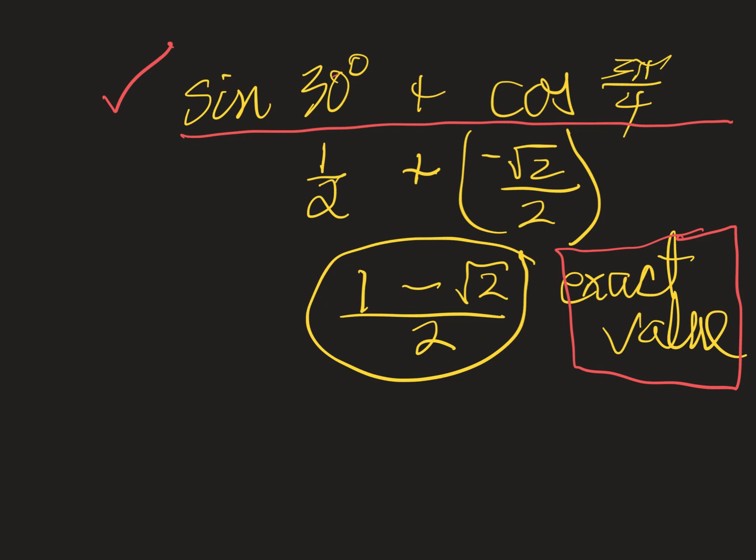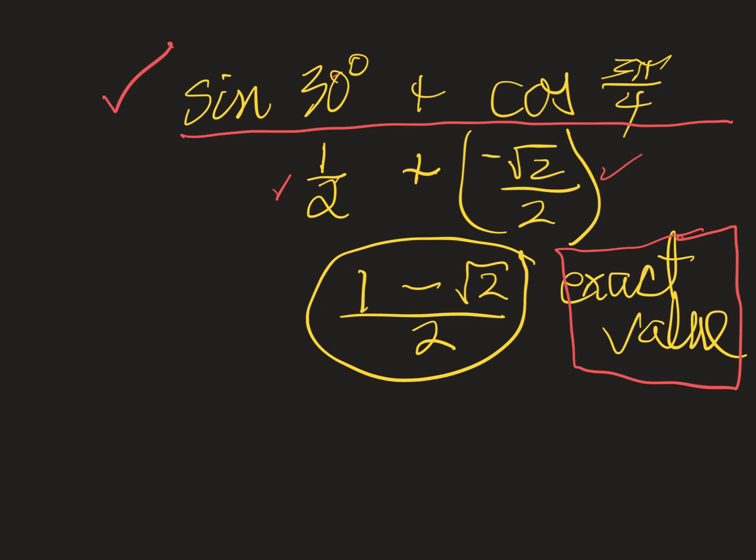Since these are special angles, 30 degrees, 3 pi over 4, the sine of 30 degrees, I can use my unit circle, or I can know it because I've memorized it, is 1/2. And the cosine of 3 pi over 4, which has a reference angle of pi over 4 and is in the second quadrant, is going to be negative square root of 2 over 2.